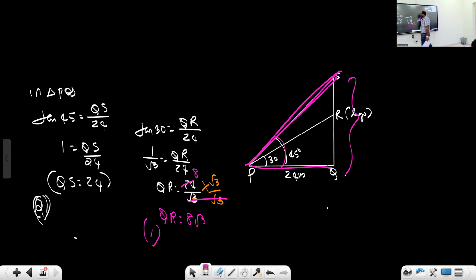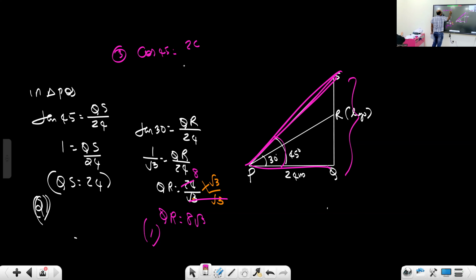In triangle PQS, cos 45 equals adjacent side by hypotenuse, which is 24 by PS. This is the third answer.